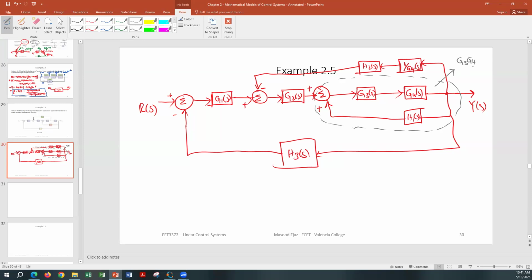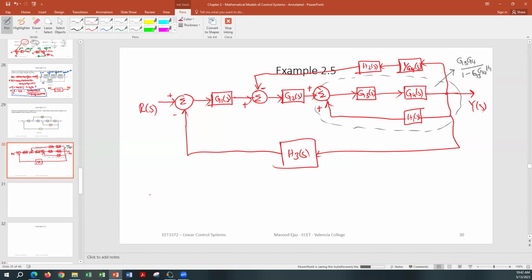G3, G4 over 1 minus G3, G4, H1. That's going to be the combined block to eliminate this whole thing.